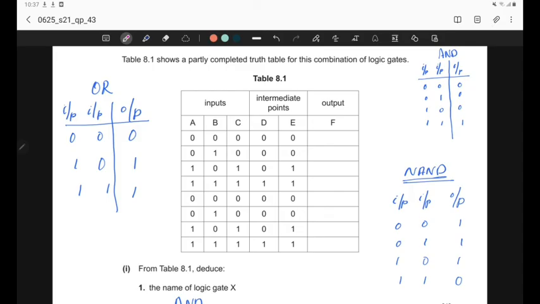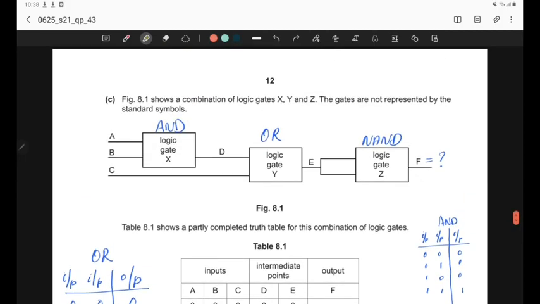So this is the truth table of a NAND gate.